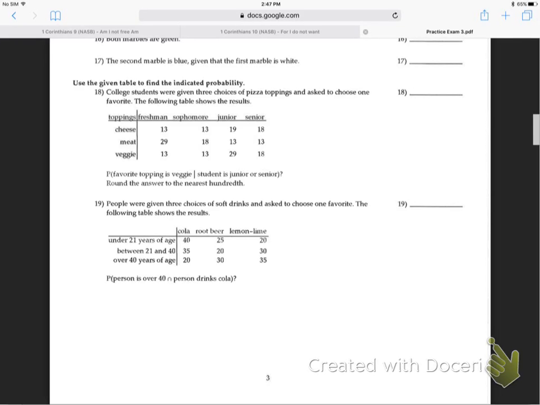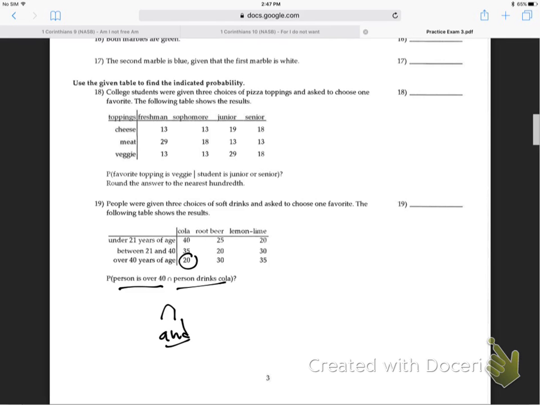All right, people were given 3 choices of soft drinks, asked to choose one favorite, following table: cola, root beer, lemon-lime, under 21, 21 to 40, and over 40. Okay, what's the probability of over 40 and drinks cola? Over 40. The intersection, the overlap means and, huh? They're doing both. Over 40, it's just those 20 there.